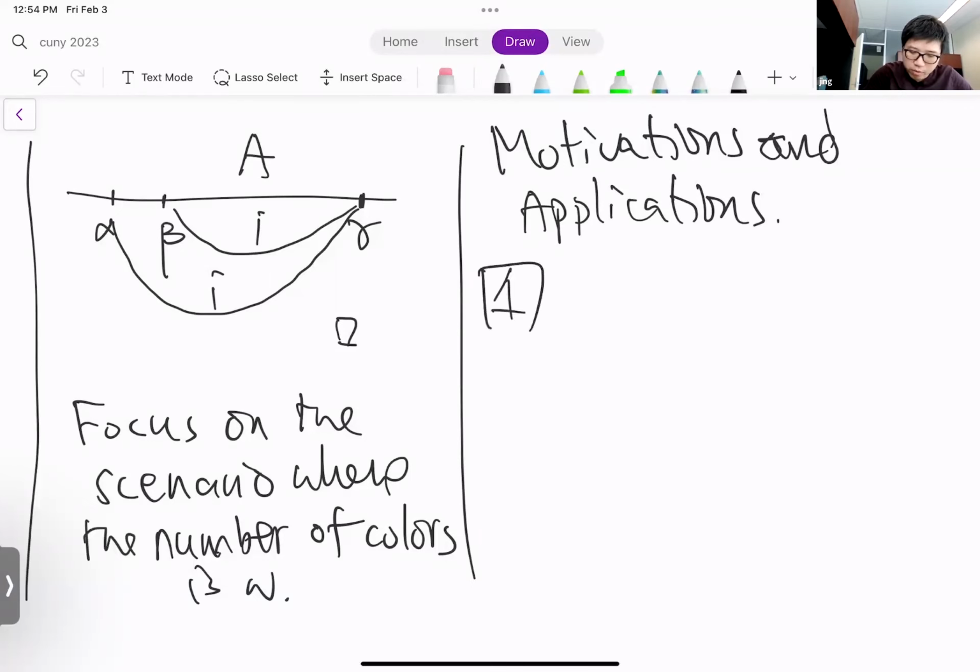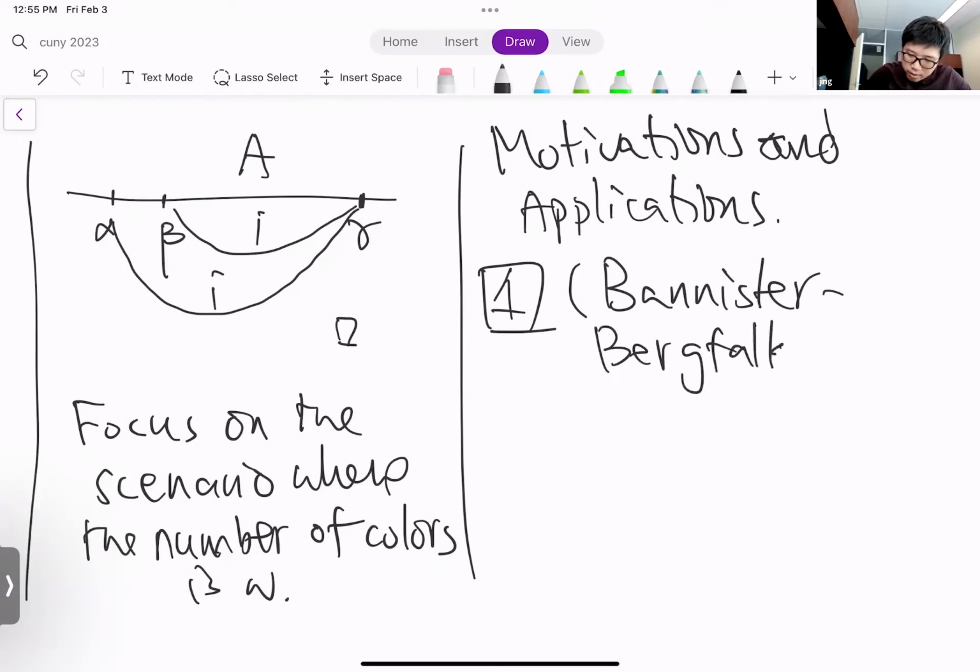The first one, so I'm just going to mention 2. Supposedly there are a lot more, but I only have a limited amount of time. So it's Bannister, Bergfalk, Moore, Todorcevic.